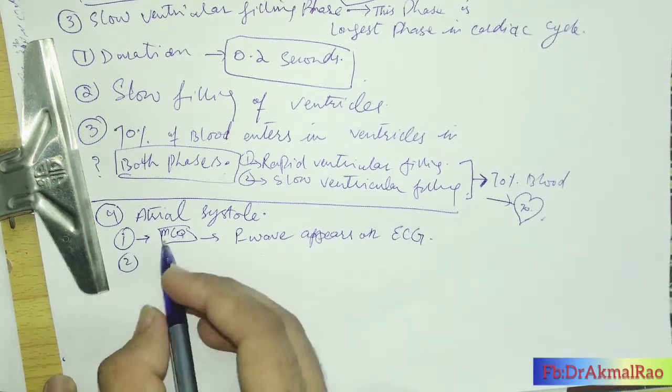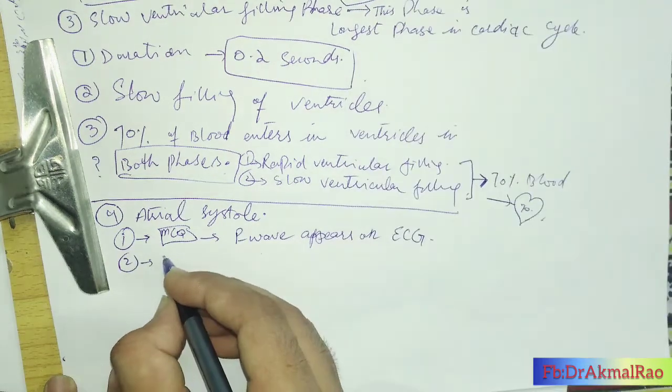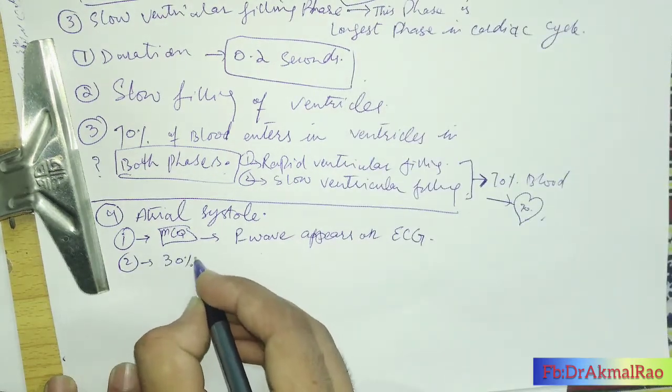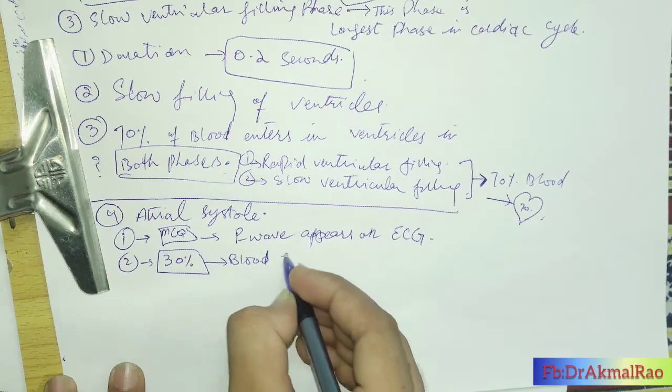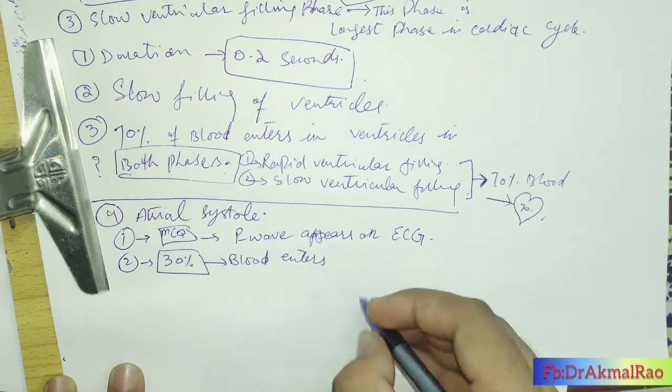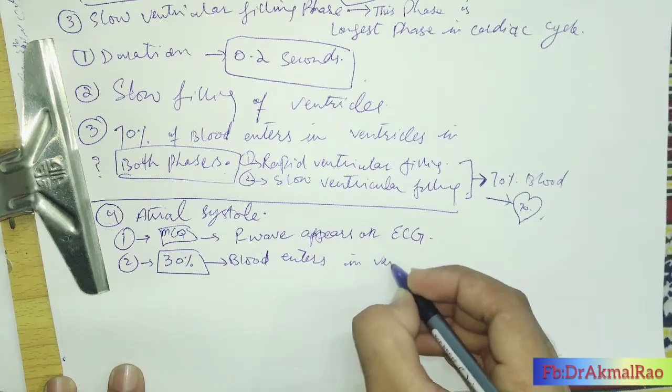Second, the remaining 30% of blood enters the ventricles.